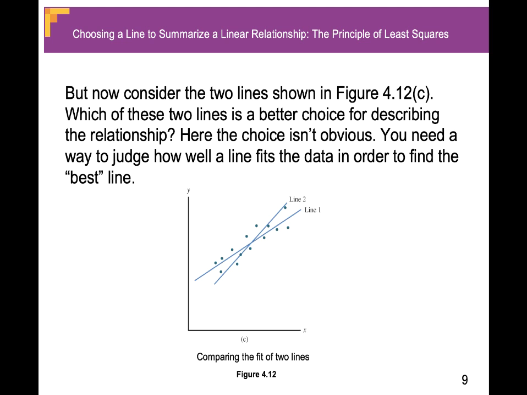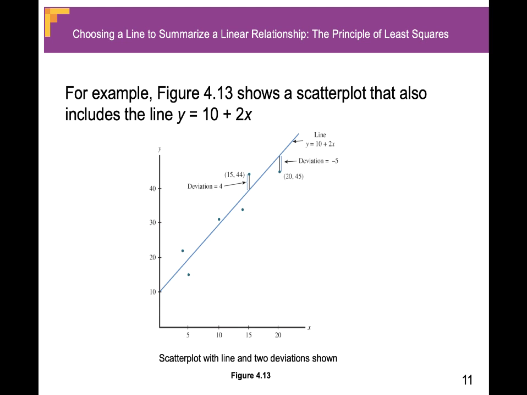The way that we find this best line is we calculate what's called a residual between a line and each observation. For example, if you had an observation 15, 44, and you had the line fitted there, y equals 10 plus 2x, when you plugged in 15, you would have 10 plus 2 times 15, or 40.